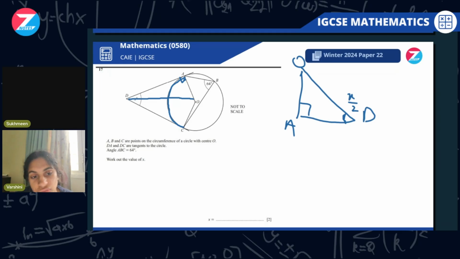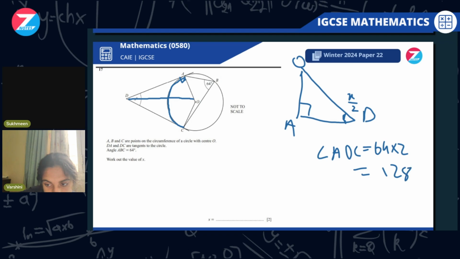So we can use this rule, and we know that O is going to be 64 into 2. So you put that into your calculator. So angle AOC equals 64 into 2 equals 128. But remember, we don't want the whole AOC.